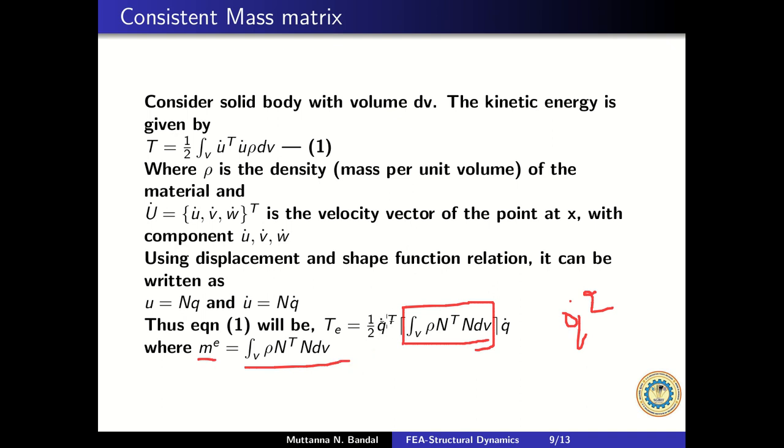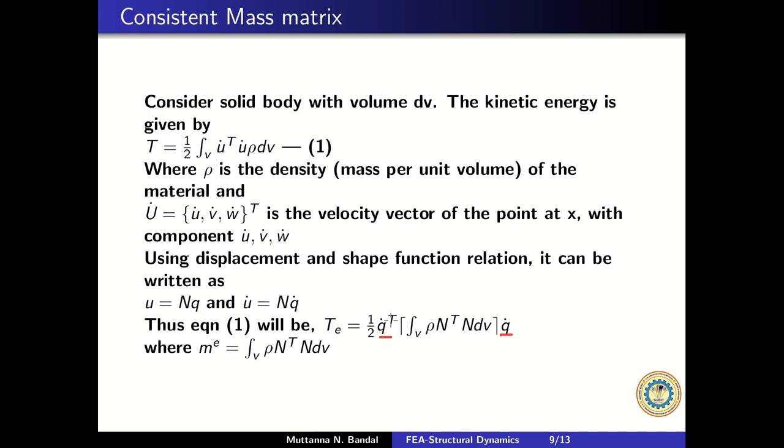And here you note that we are representing q transpose, because in order to multiply a matrix, I should have order matching. So in order to satisfy those conditions of matrix multiplication, we take it as q transpose.